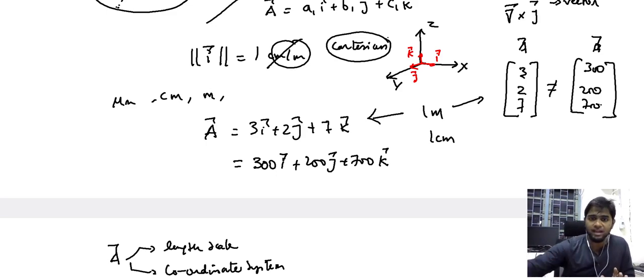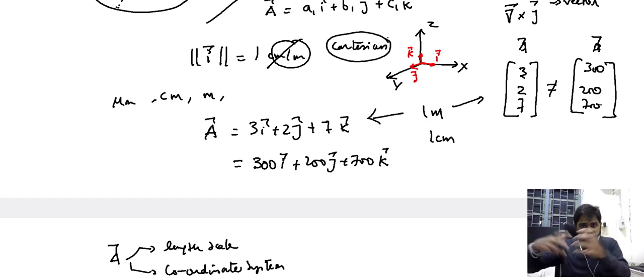So we have the same vector being expressed in a different way depending on the length scale and the coordinate system that we are considering.